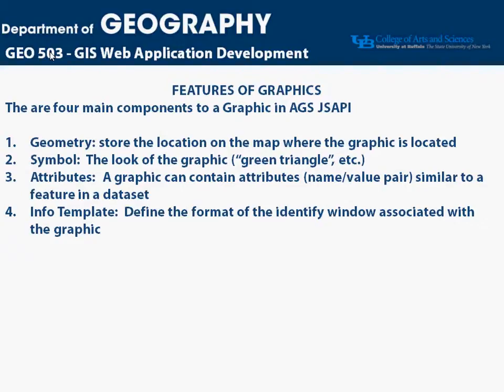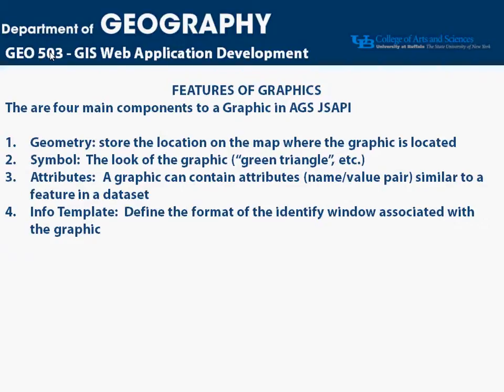And we can also define something called the info template. The info template defines the format of the identify window. Remember, if you do Lab 3 and back to what we discussed on Monday in ArcGIS Online, where we defined the box showing the state flag and all of that, that was defining an info template in ArcGIS Online, and you can do the same here with the info template property on your graphic.